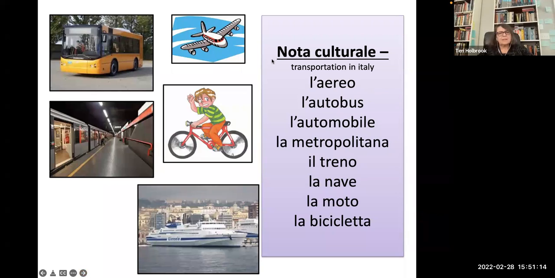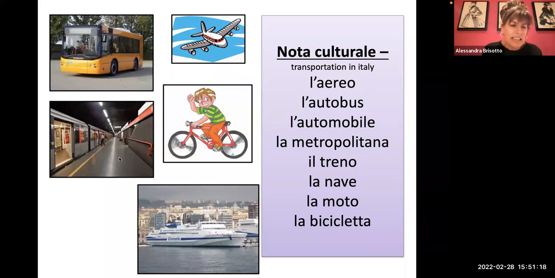I told you that in general, nouns that end in O are masculine, A feminine. There are some nouns that end in E in Italian, like nave. They can be masculine or feminine. How do you know that? Because of the article.